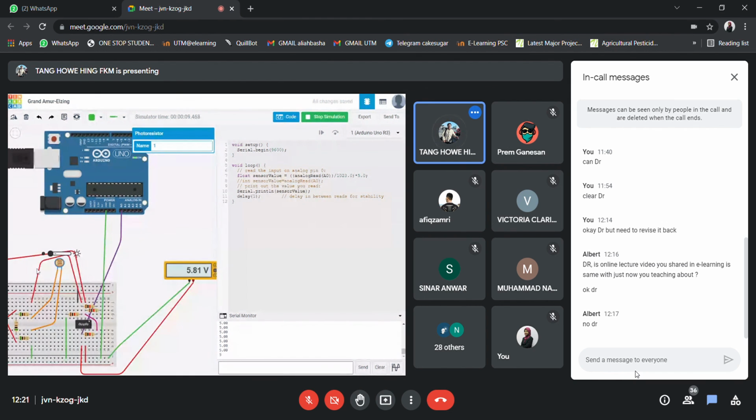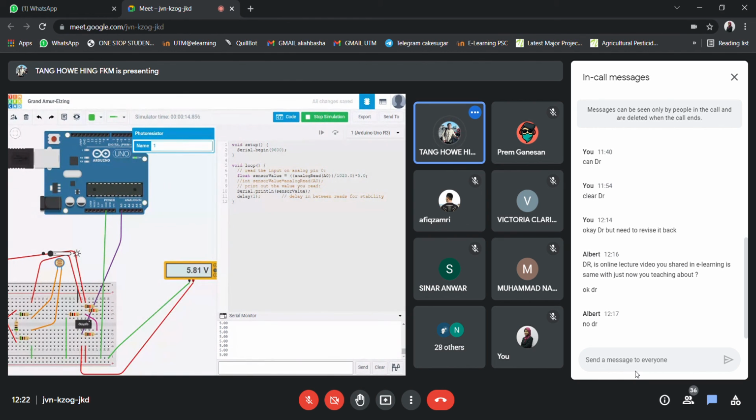Okay, 5.81 volt is still safe for the Arduino, right? Basically, 5.81 will not damage the Arduino input pin. But say the output voltage from this op-amp reaches up to 10 volt. 10 volt I think is still all right. It won't fry this Arduino Uno. But if you get it larger than 15 volt, then most probably this could damage the Arduino Uno.